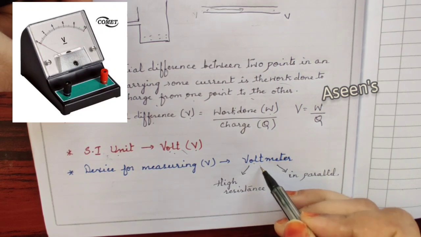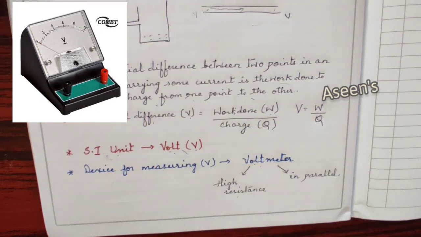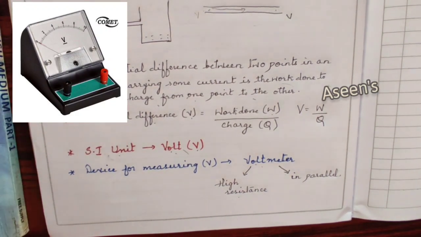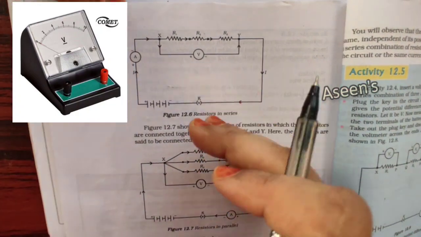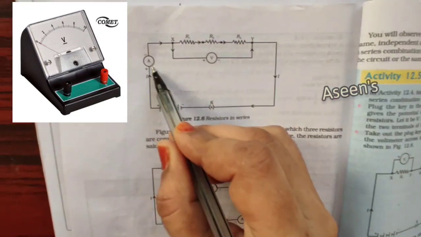This voltmeter has a very high resistance and it is always connected in parallel. So what is this parallel connection? This is something new to you. In the circuit diagram you can see your ammeter.